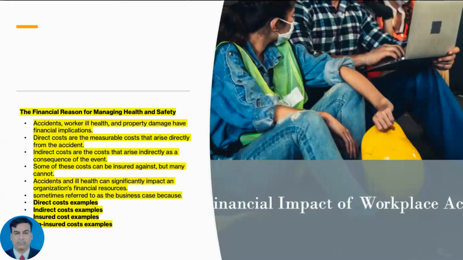Insurance coverage for legal fees associated with defending against legal claims or lawsuits related to workplace accidents, such as personal injury claims or claims for property damage. Number five, production delays or downtime. Insurance coverage for financial losses resulting from production delays or downtime caused by accidents, including coverage for lost revenues or additional expenses incurred to mitigate the impact.